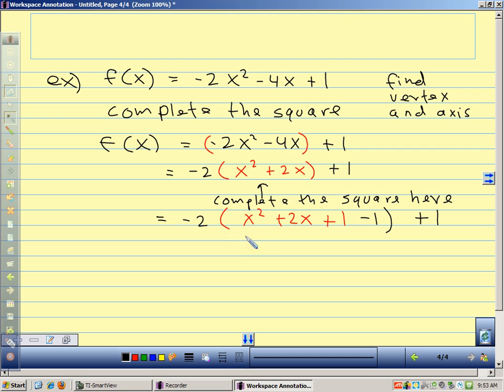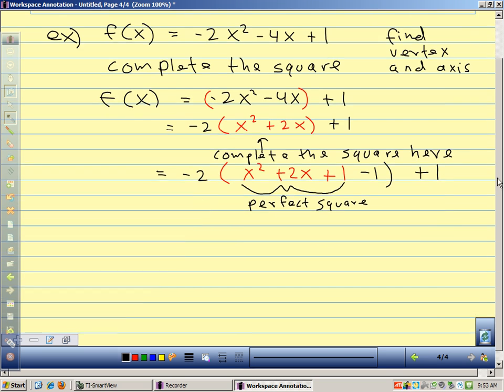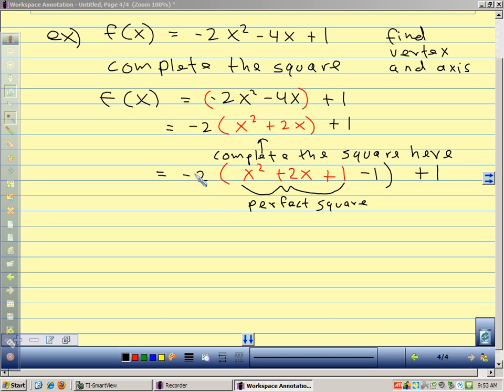So the part in red now is the part that I can write as a perfect square. And this negative 1 that's still inside the parentheses, I'm going to combine that with this 1 that's outside. But I have to remember that the parentheses is being multiplied by negative 2.